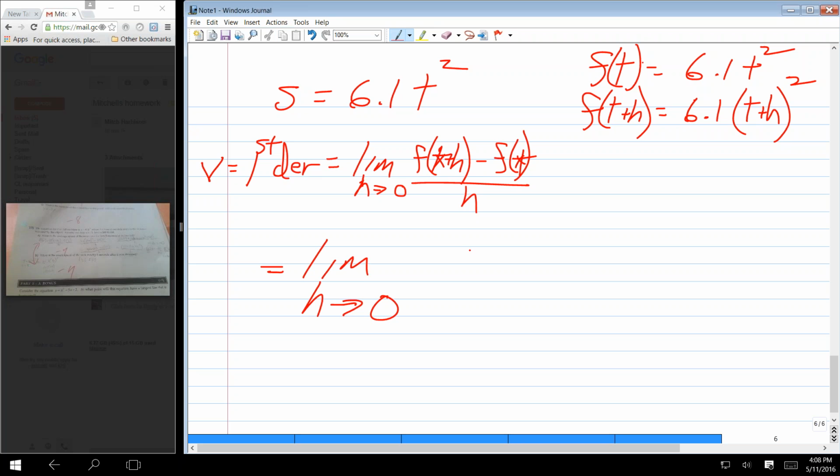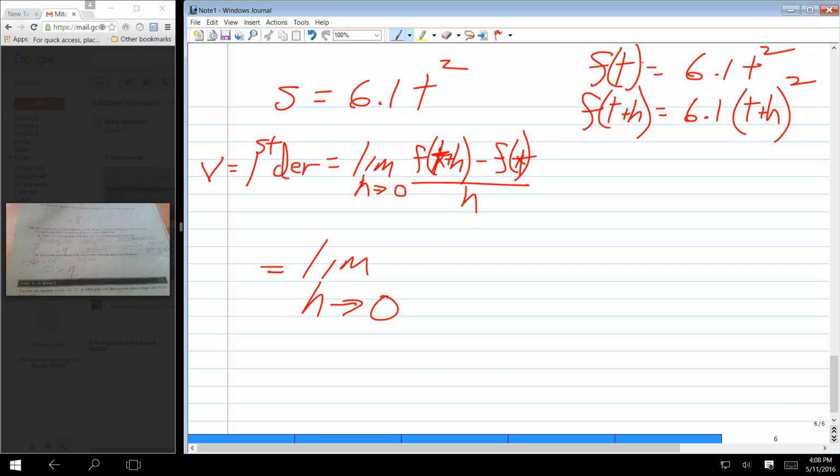Tell me what to write. What is f of t plus h? It's just 5 plus h. So should I put 6.1 where the 5 isn't entering into it yet? Okay. We're not going to do it like that. That is one way to do it, but that's not the best way.